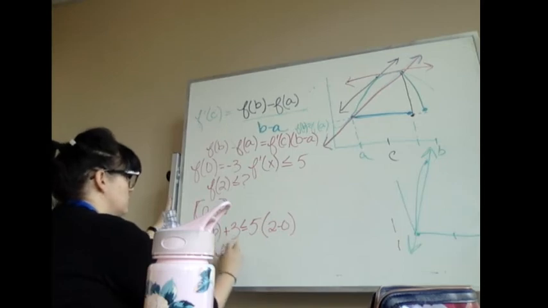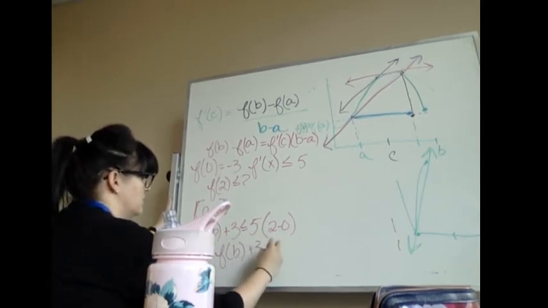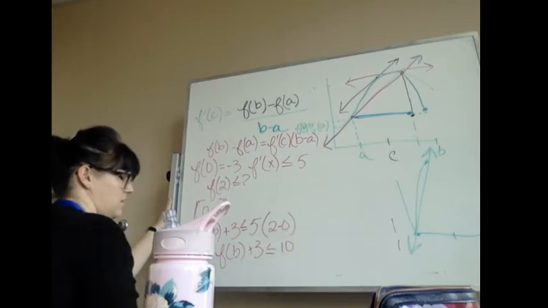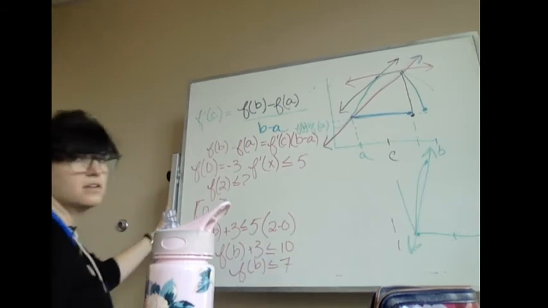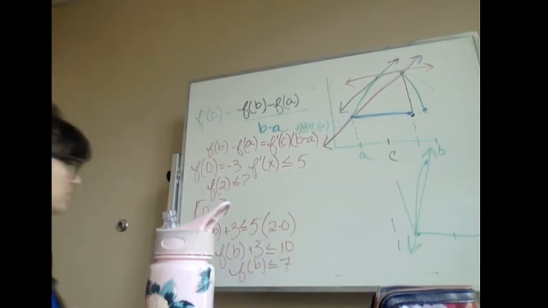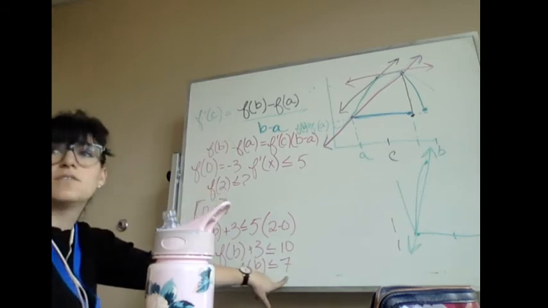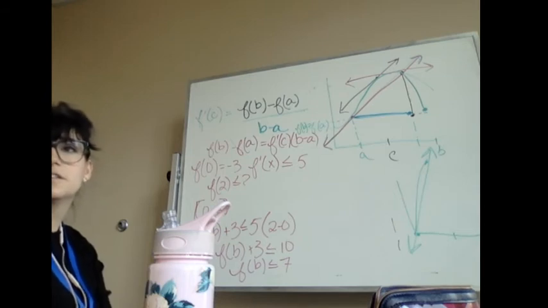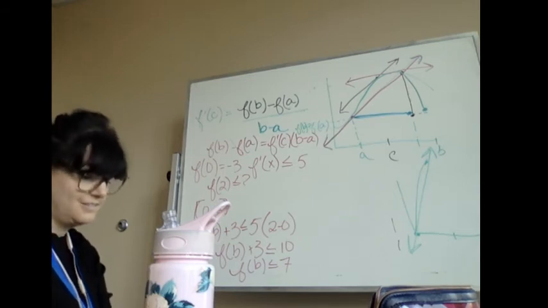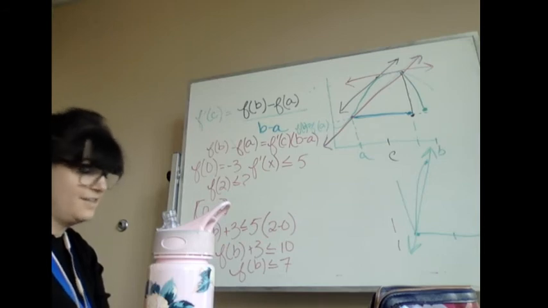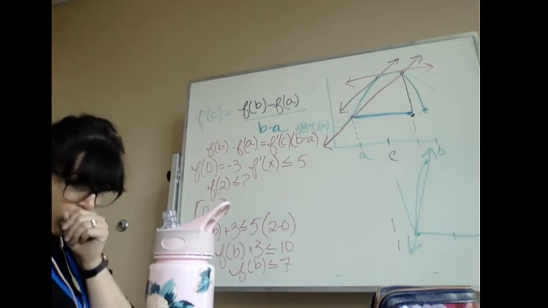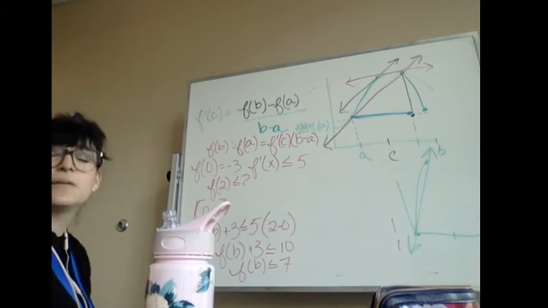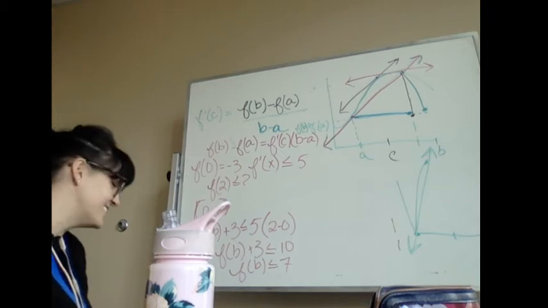So f of b plus 3 can at its greatest be 10. So at its greatest, f of b is 7. So the largest possible value for f of 2 is 7. Does that make sense? Good.